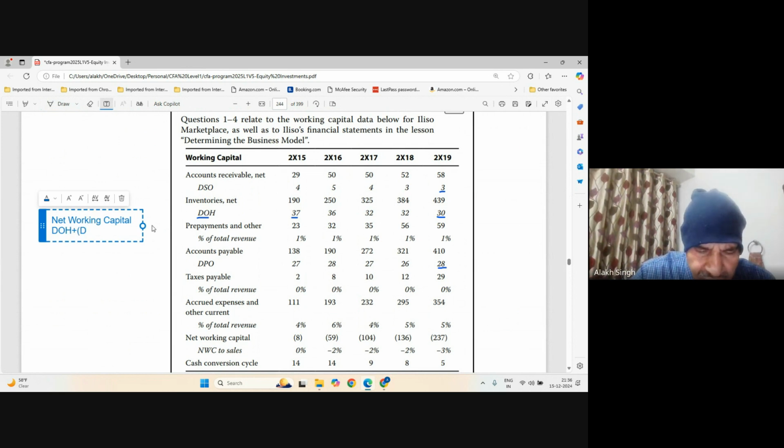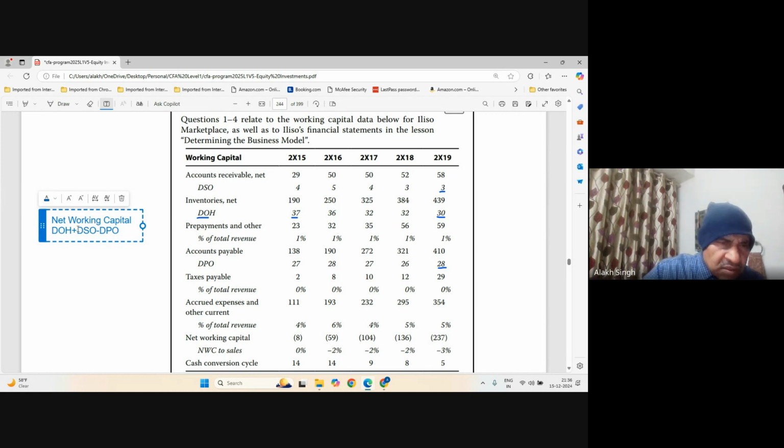And then minus DPO. There is no need of parenthesis. This much cash we are investing, and minus DPO is the cash that we are receiving.